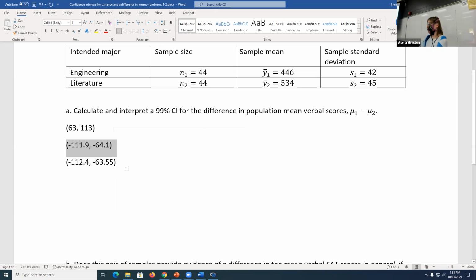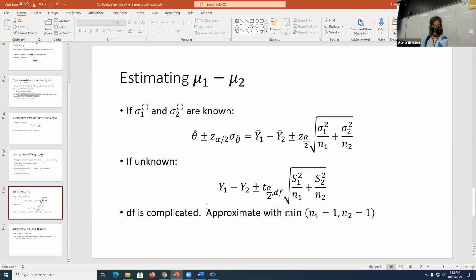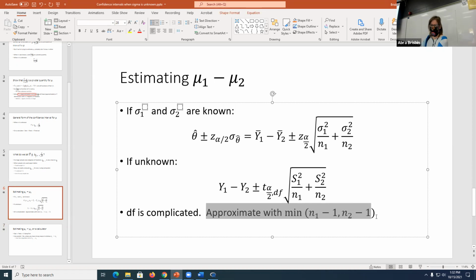Besides that, these numbers are pretty close. 63 and 113 is what I came up with when doing this by hand and using the approximation for the degrees of freedom.